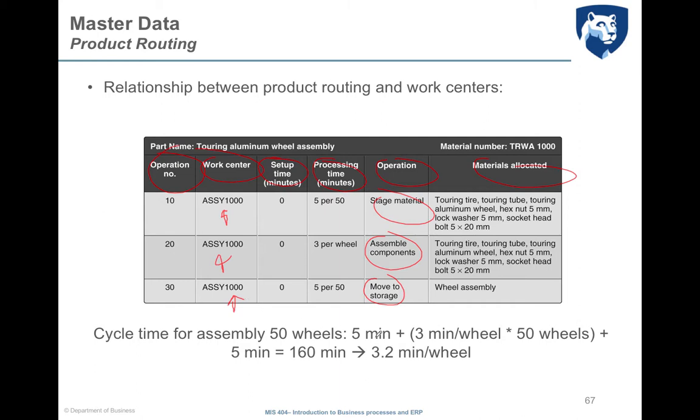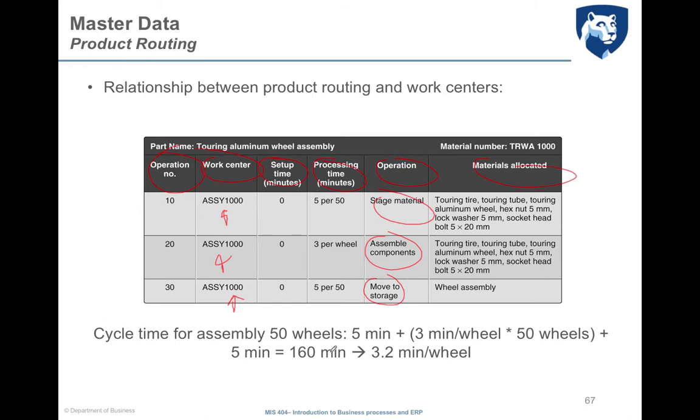As these operations are performed manually, they don't involve any setup time, and we can conclude that the time spent of this operation is essentially labor time, and overall it will take 160 minutes to assemble 50 wheels, which means an average of 3.2 minutes per wheel.